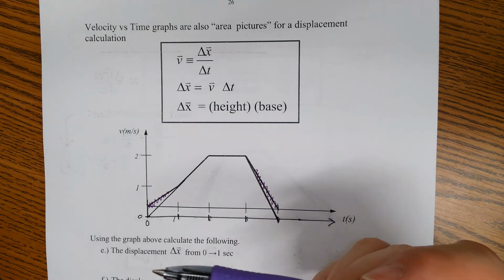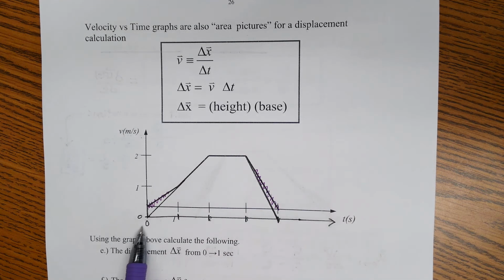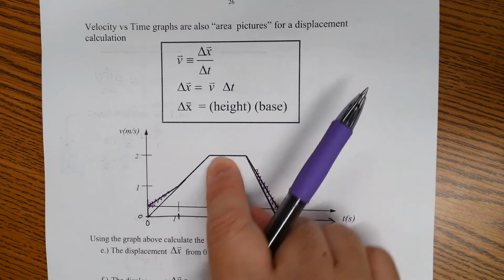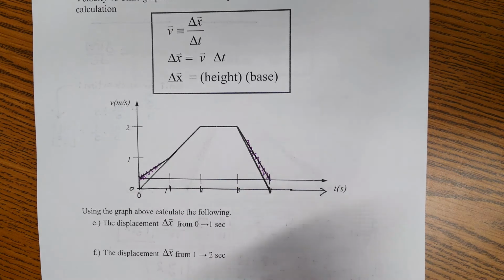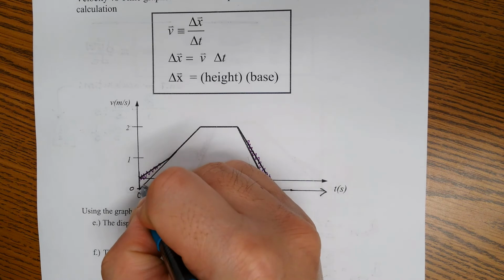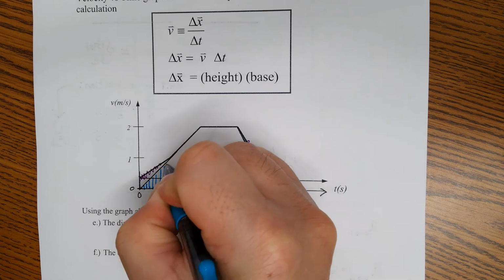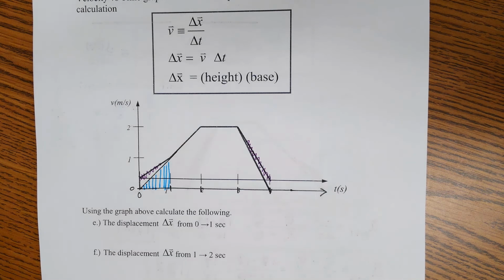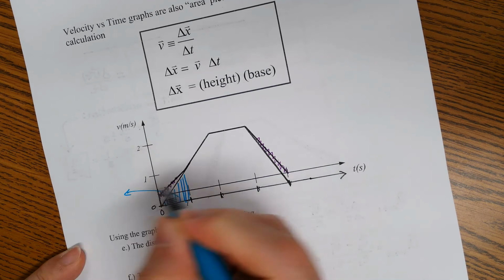So when you look for the area, you look for the area between the time axis and your velocity graph. So since my velocity graph is positive in this case, we will be finding the area between the time axis and the velocity graph like so, for area like that, okay? This area, right?